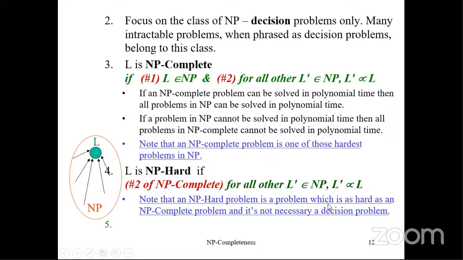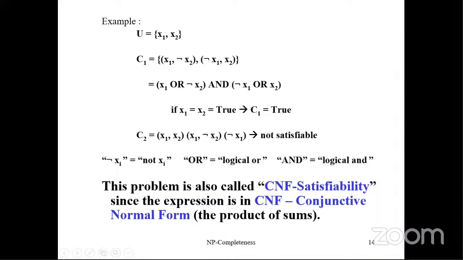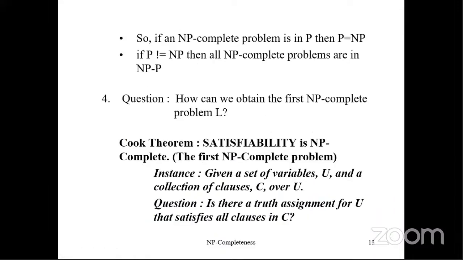Of course, the NP hard problem is a problem which is as hard as an NP complete problem, but does not necessarily have to be a decision problem. So, being as it may, we found that if an NP problem is in P, then it is just the same as it being in NP.